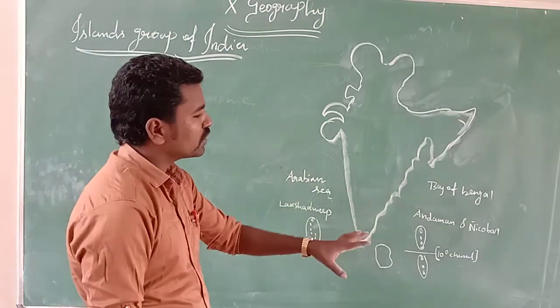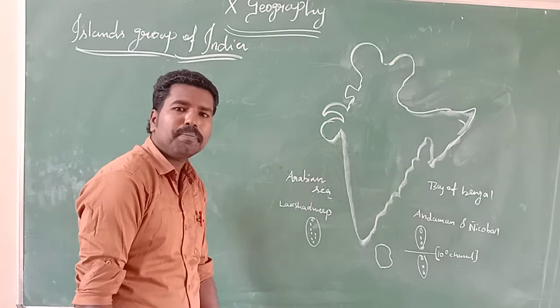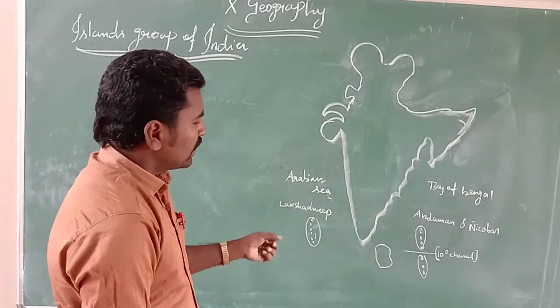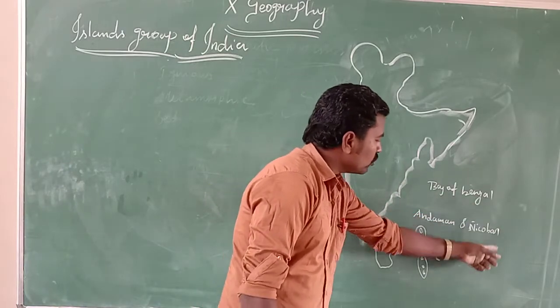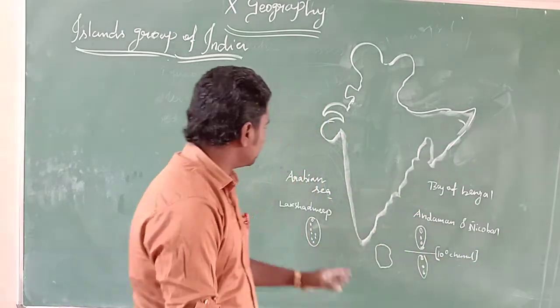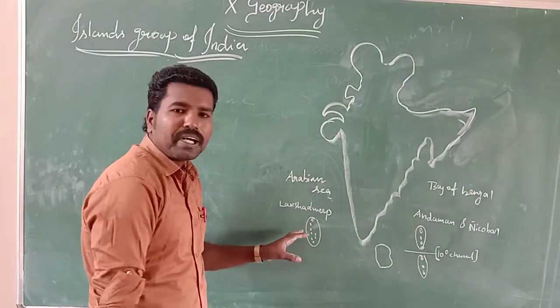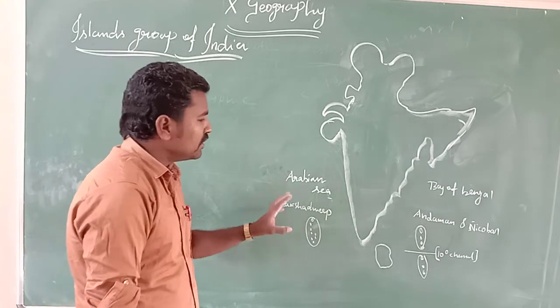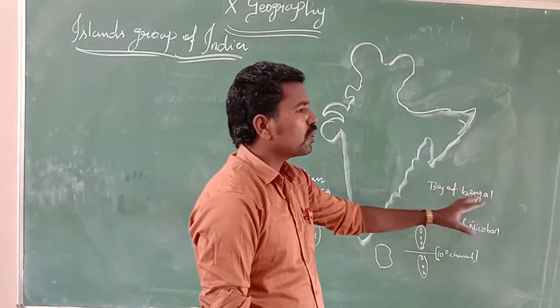These two groups are controlled and administered by the government of India. The Andaman Nicobar Island group is situated in the Bay of Bengal, and the Lakshadweep Islands are situated in the Arabian Sea.